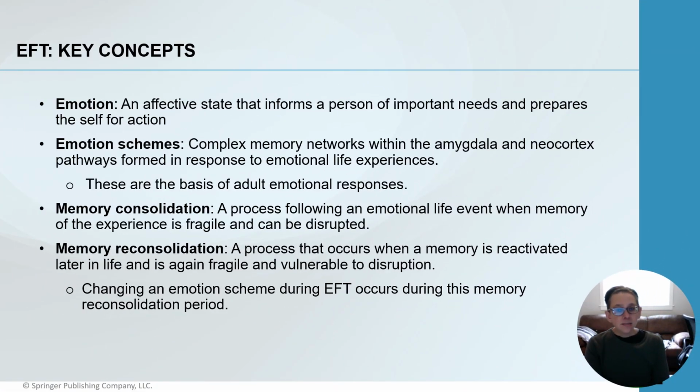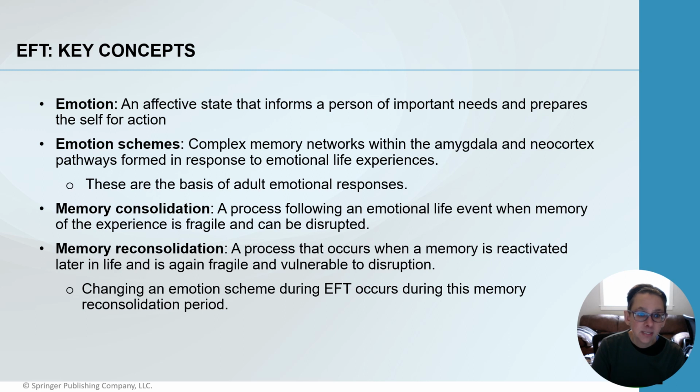Key concepts in this therapy: an affective state that informs a person of important needs and prepares the self for action. So when you have an emotion, kind of evaluate it. Emotion schemes are complex memory networks within the amygdala, the emotion center, and a neocortex pathway formed in response to emotional life experiences.